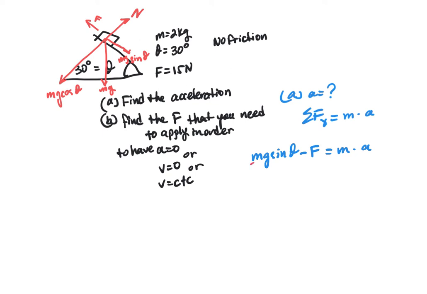If we see, both masses cancel out, so we end up with g sine of theta minus f equals acceleration.